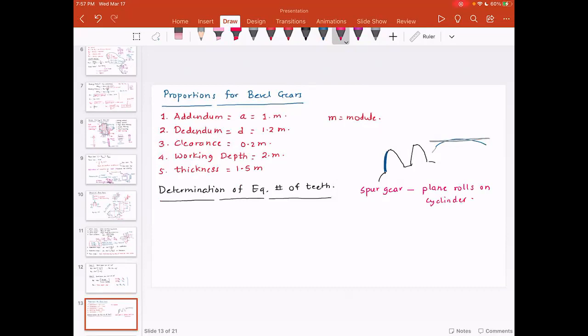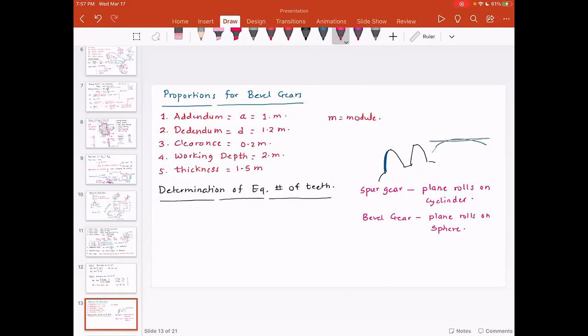But think about the bevel gear. Bevel gear is in 3 dimensions. So for the bevel gear, the plane rolls on a sphere. And that is very important.